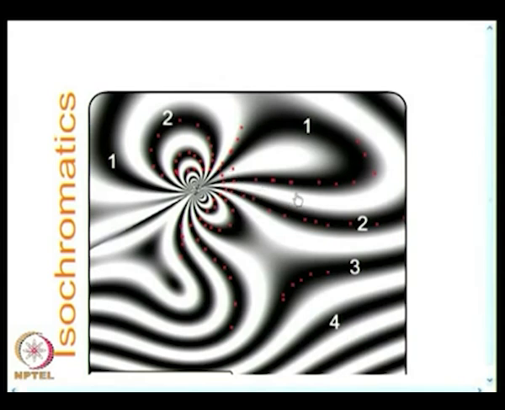Now, this happens in an experiment, there would be some sort of a scatter. So, this is a demonstration that the multi-parameter stress field equations are indeed correct for a mode 1 situation as well as a combination of mode 1 and mode 2. Here mode 1 is predominant, a small value of mode 2 is present.